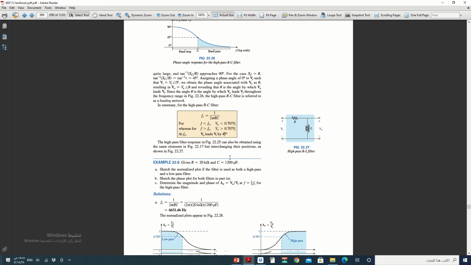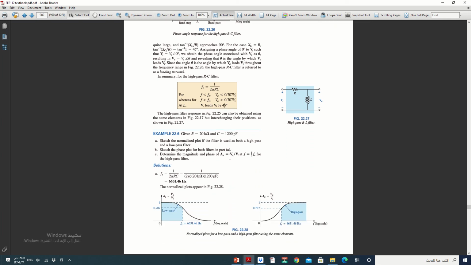Now let us start with example 22.6. It gives R equal 20 kilo ohm and C equal 1200 picofarad. First question, part A: sketch the normalized plot if the filter is used as both high pass and low pass. First we need to find the cutoff frequency. It's the same formula for high pass or low pass.